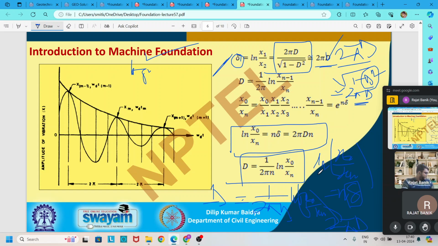For n successive cycles, the damping ratio is equal to 1 by 2 pi n ln x naught by xn.